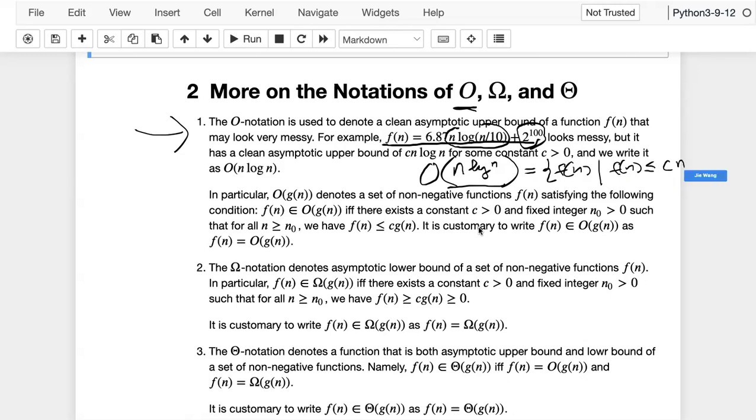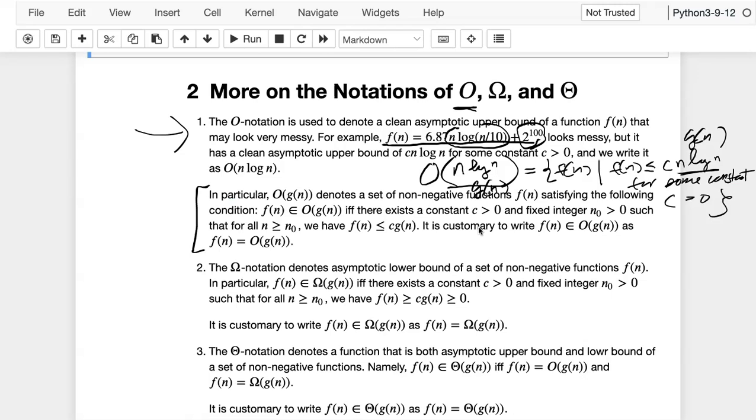So f of n is less than or equal to c times n log n for some constant c, where c is a positive constant greater than 0. Then if I replace n log n by g of n, for any other function, big O of g of n will be the set of all functions such that g of n is the upper bound of f of n. All right, so that's what this means here.